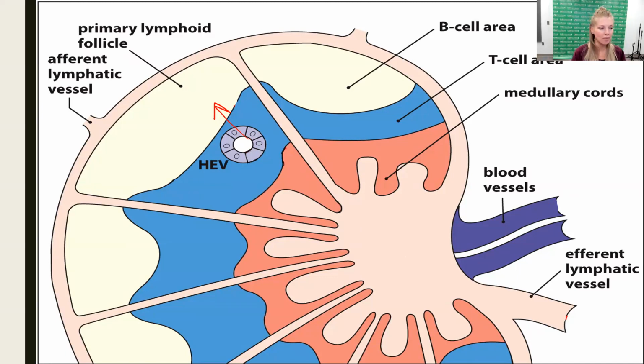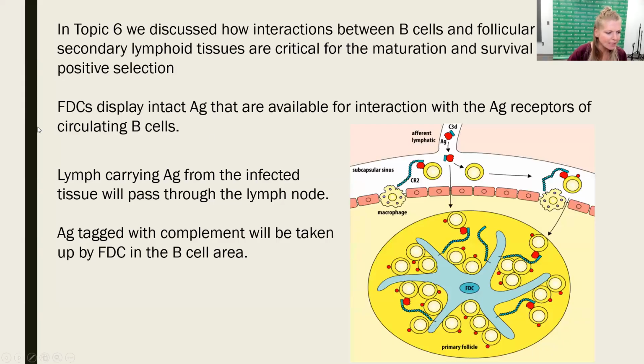In chapter 6, we looked at how B cells, when they're going through positive selection, enter secondary lymphoid tissue and have to get a survival signal from those follicular dendritic cells.